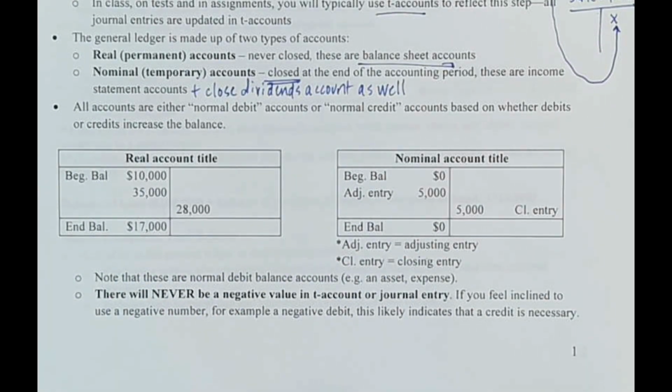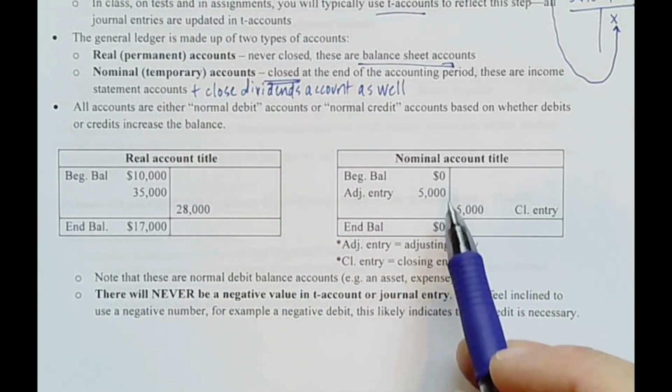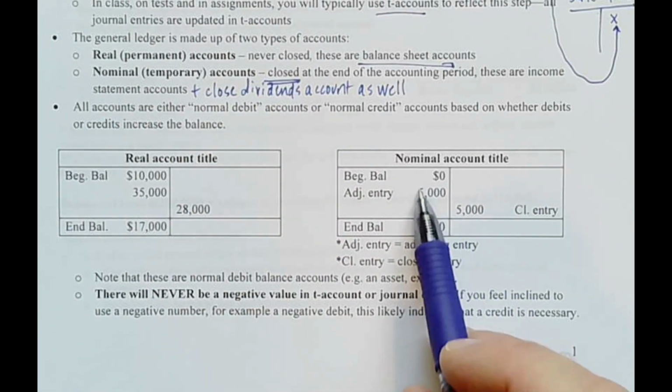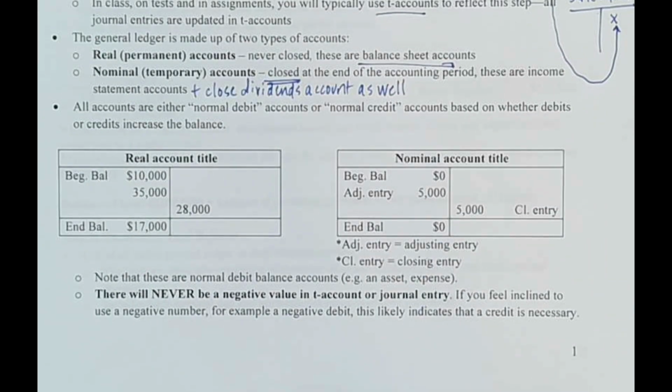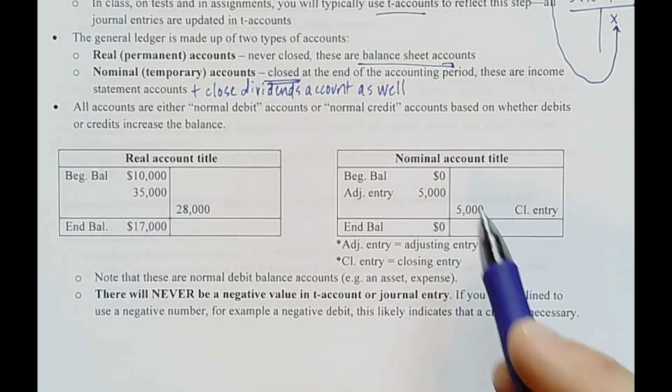If we have a nominal account, on the other hand, you'll see things are a little different. There is no beginning balance at the beginning of the period. Let's say we had an adjusting entry. We'll talk about those in a second. An adjusting entry debited this account, increasing it by 5,000. Perhaps we recognized an expense at the end of the period through an adjusting entry. We debited an expense account, and then it ended up here.